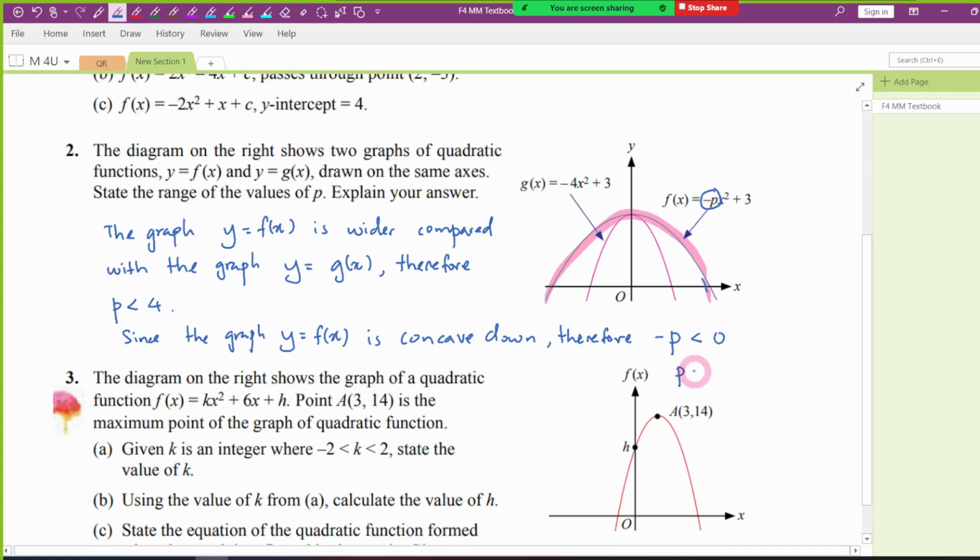So from here we know that p is greater than 0. Okay, then we combine these two ranges together. Our conclusion, p is greater than 0 but less than 4. This is our final answer, the range of p.